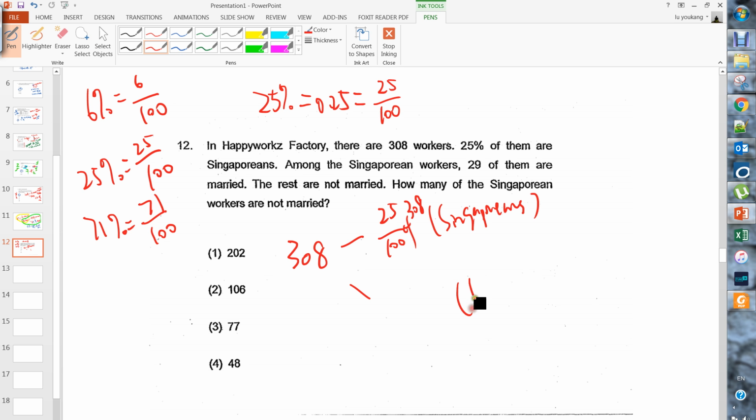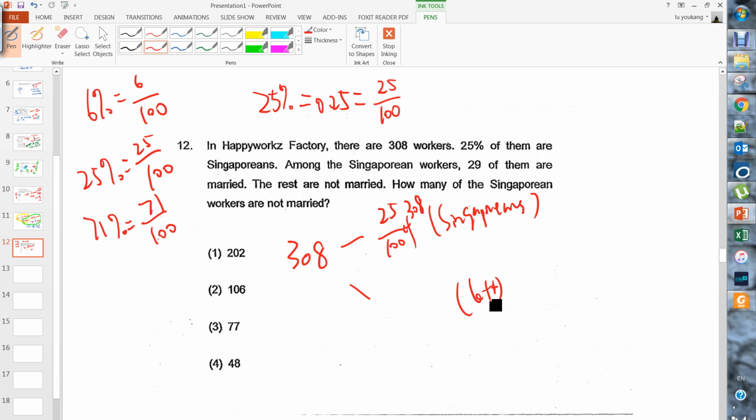What's the fraction that is left? You are allowed to use a calculator, quick.